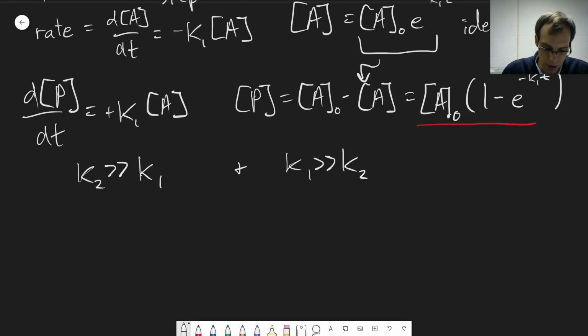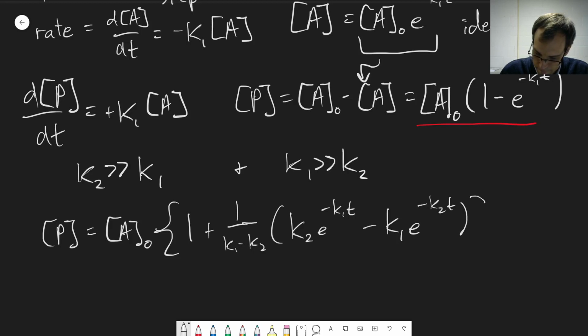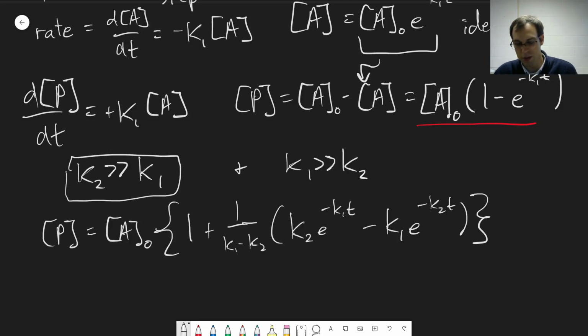Coming back to our two-step mechanism, the equation is P is equal to A naught times 1 plus 1 over K1 minus K2 times K2 e to the minus K1t minus K1 e to the minus K2t. Let's look first at this case here, where K2 is much faster. K2 is much larger than K1.